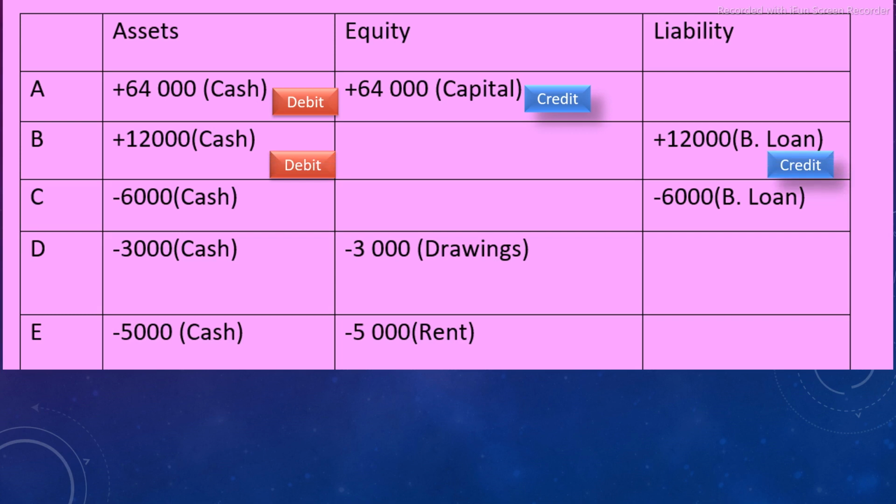C: asset decreases credit, liability decreases debit. D: asset decreases credit, equity decreases debit. Finally, asset decreases credit and equity decreases debit. So this is how we convert this plus and minus into debits and credits.